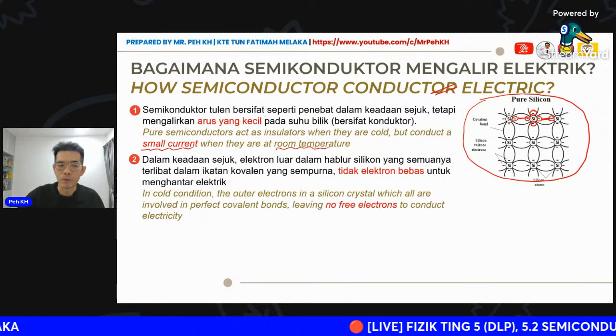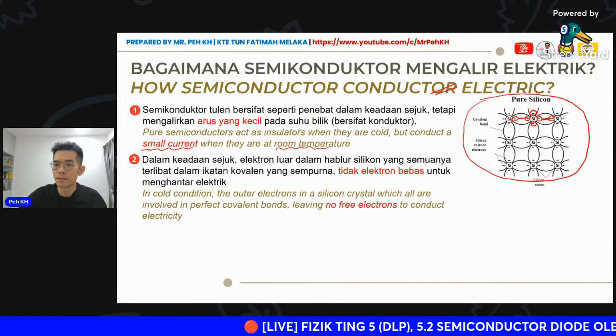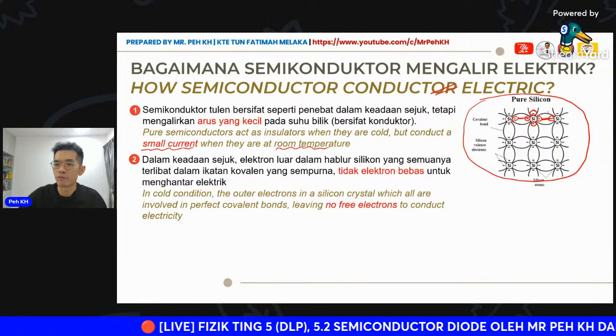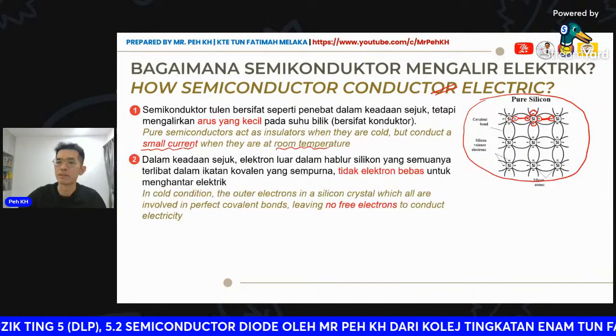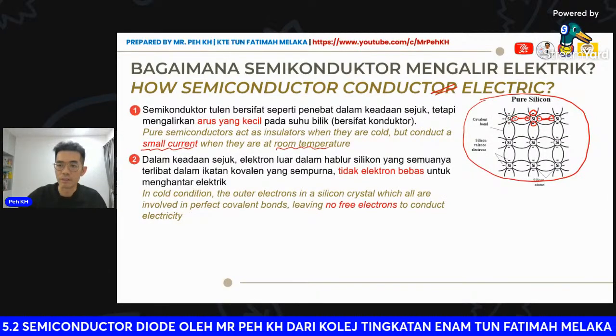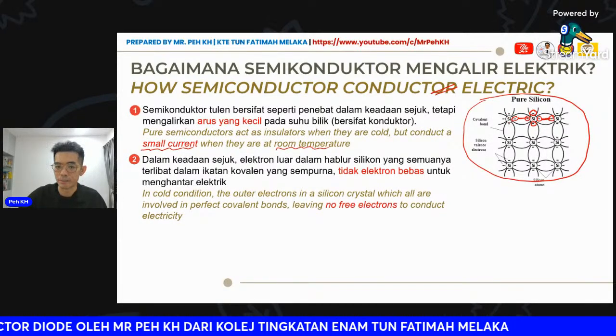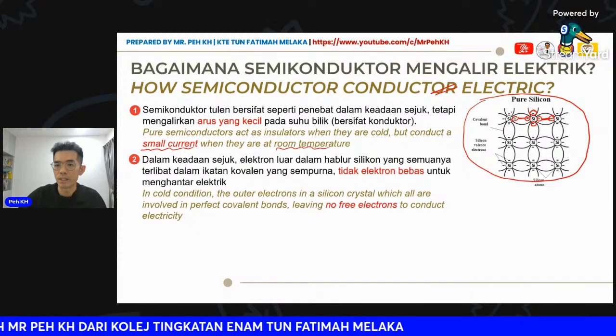Therefore, in cold conditions, all the valence electrons of each silicon atom are bonded with the valence electrons of the neighboring atoms. So in the end there is no free electron able to conduct electricity.